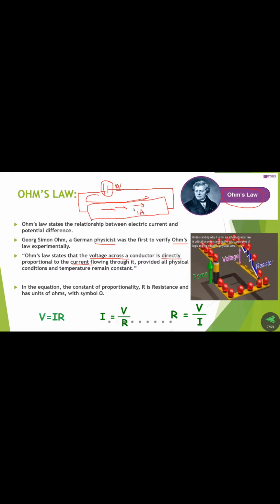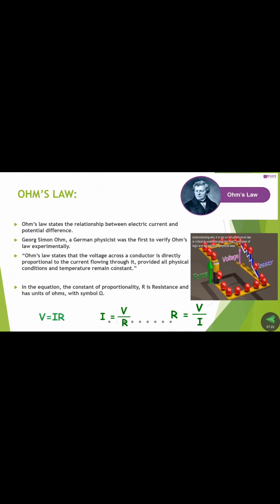According to how much voltage we apply, the current flowing through the conductor also changes, directly proportional. If it increases, it increases. If we decrease the applied value, automatically the current flowing through the conductor or the circuit also decreases. That is what we call Ohm's law, right?